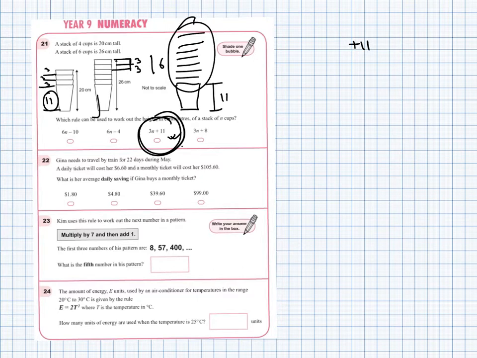Next one, Gina needs to travel by train for 22 days during May. A daily ticket will cost $6.60, so 22 days times $6.60, and a monthly ticket will cost $156.60. Now, what is her average daily saving if Gina buys a monthly ticket?